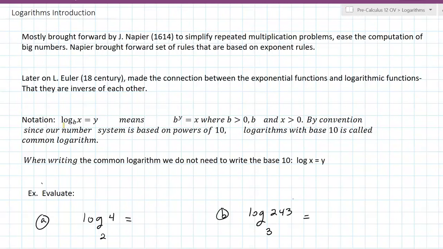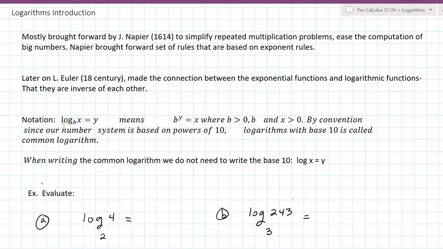Okay, first a little quick history, and you can actually find this anywhere. It started in around 1614 officially in terms of the laws and rules, but it goes back a few hundred years initially. John Napier was the first person who brought this up, and the whole concept of logarithm was to ease the computation.